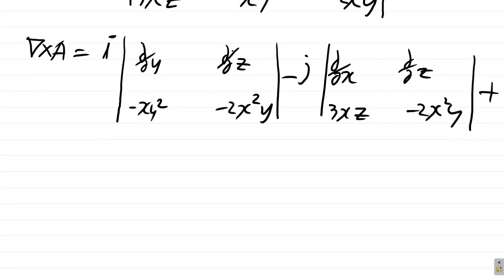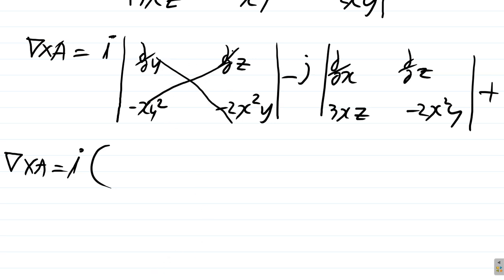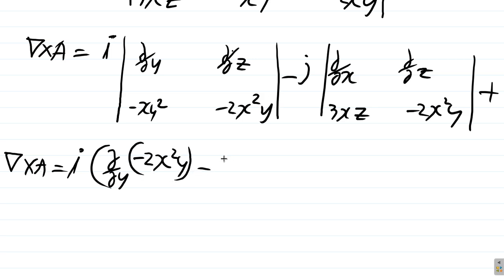Now, work it out. So del cross A is i times, remember your AD minus BC: this times this minus this times this. So it's partial by partial y of negative 2x squared y minus partial by partial z of negative xy squared.